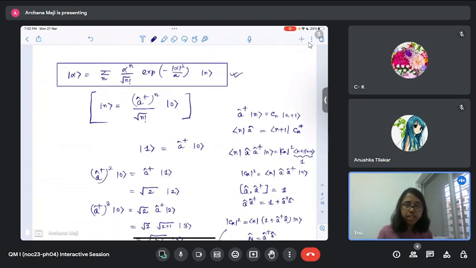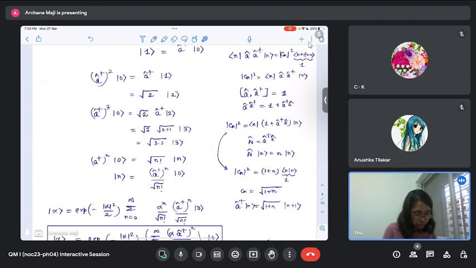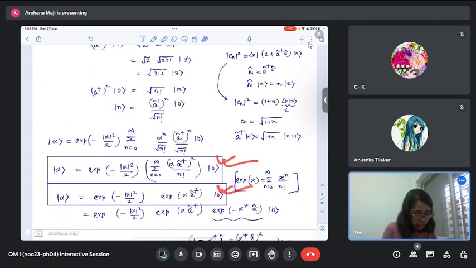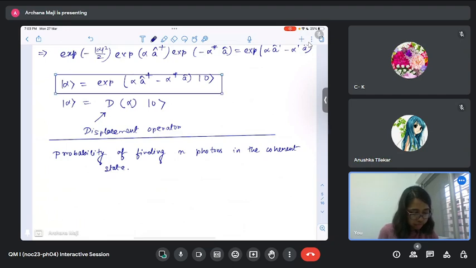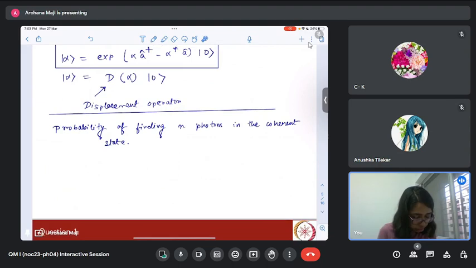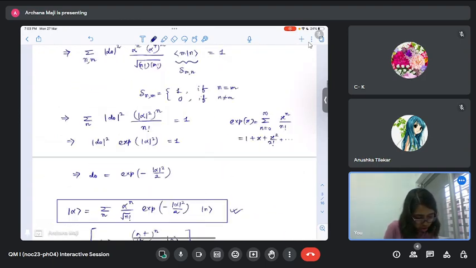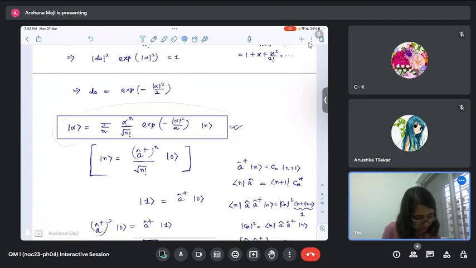Depending on the question, you have to select which particular form of the coherent state you want to use. These are all equivalent. This is equivalent to this, and those three are also equivalent to this. So depending on the problem, you should see which particular form you want to use. So here we want to talk about the probability of finding n photons in the coherent state, so we will use this particular form of the coherent state, sum from 0 to infinity. Let me just copy.